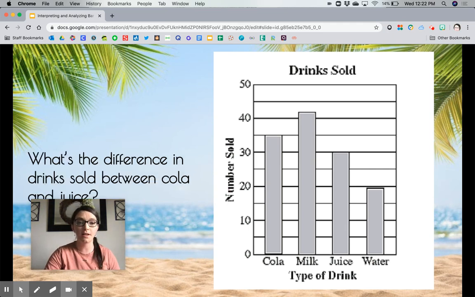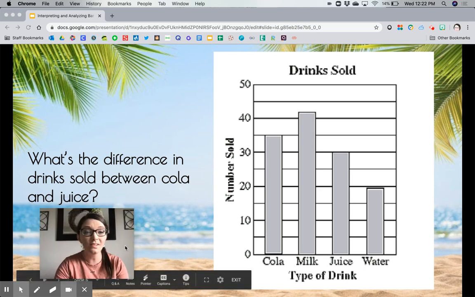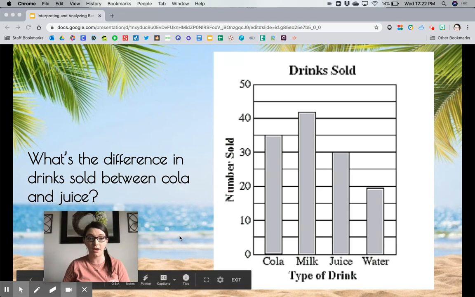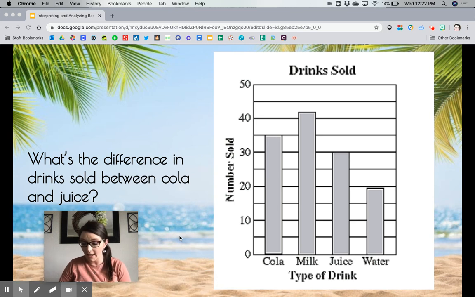All right, so let's look at our next question. What's the difference in drinks sold between cola and juice? If it wants to know the difference, we're going to want to subtract. And remember, difference wants you to subtract. So between cola and juice. If I look at cola, I have 35. On my whiteboard now, because I'm going to solve these math problems out. Who knew you'd do some math problems with looking at a graph?